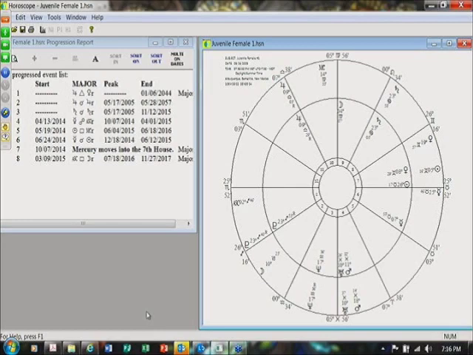If you look at the symbol, it's a square plus half a square. So 90 plus 45 is 135 degrees. Yet, because Mercury is involved, it tends to be more powerful, and it is closer to being exact, which makes it more powerful.